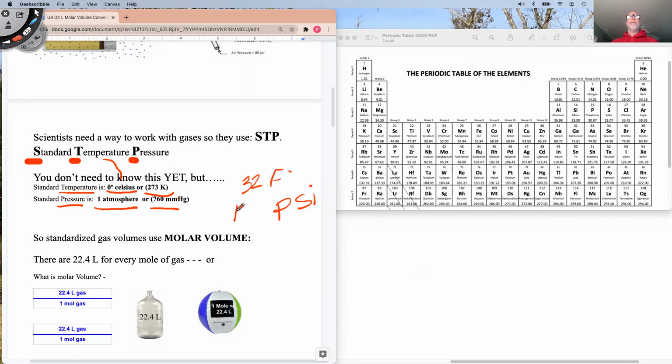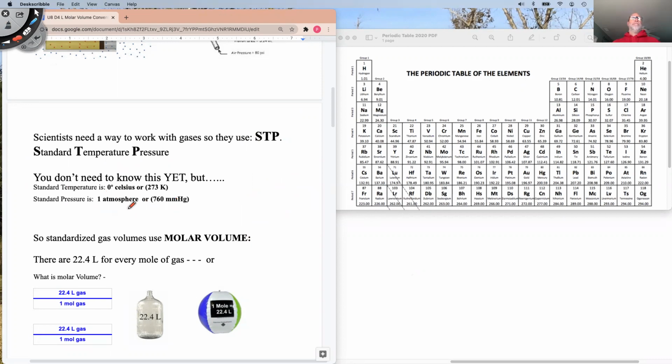And for us, 14.7 PSI equals 1 atmosphere. But again, we don't need to know this for another couple of months. I'm just letting you know that there are specific numbers that go along with STP, but you don't need to know what they are right now.